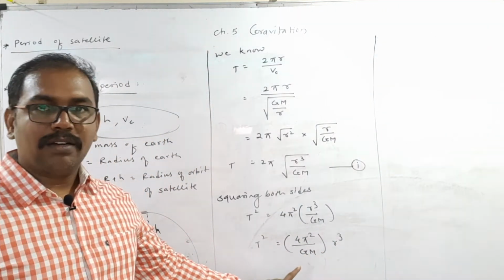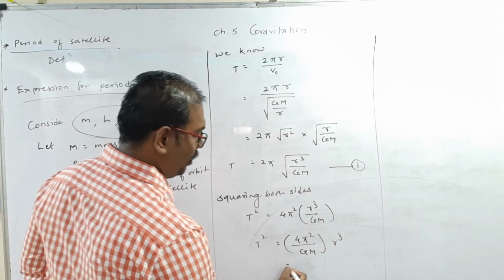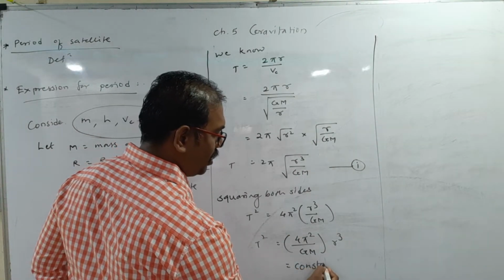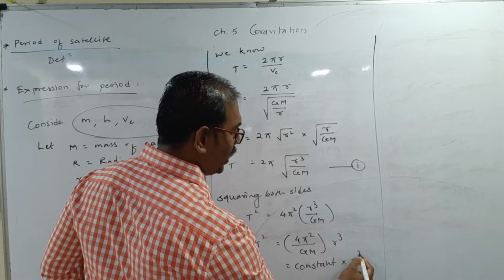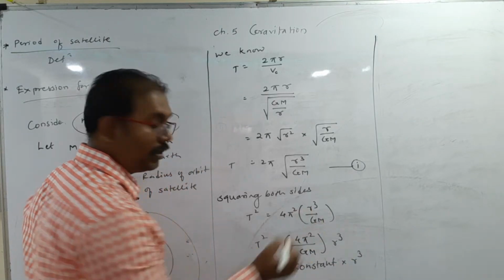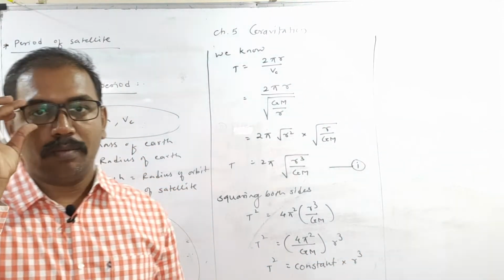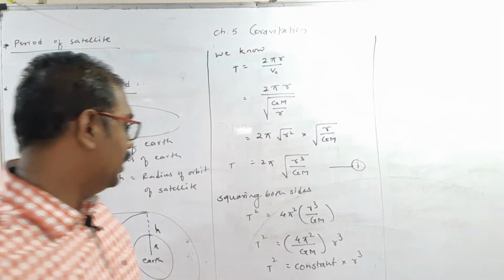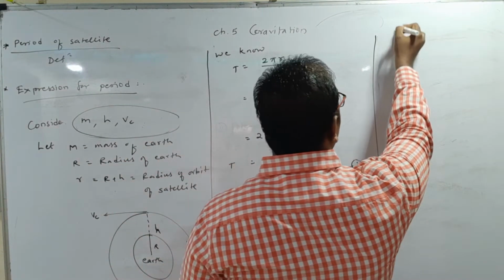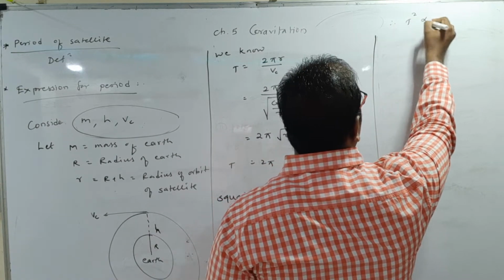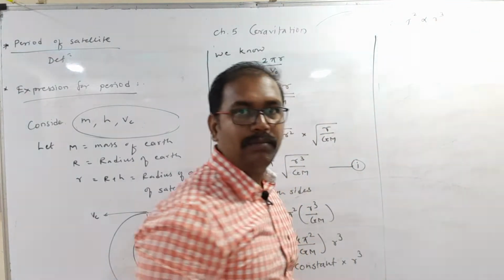This bracket is a constant. So T square is equal to constant into r cube. Hence T square is directly proportional to r cube.